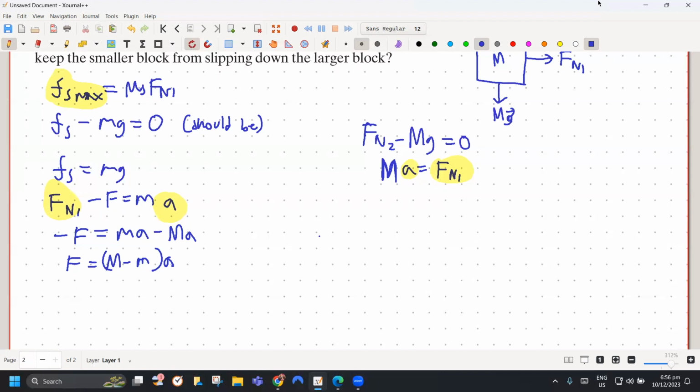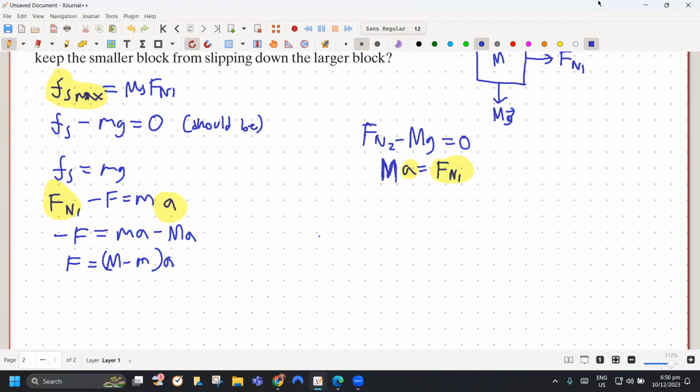So Fn1 is a magnitude, so positive yan. Kaya walang sign yan. Yung small m times A, m times A is yung component of acceleration in along X.